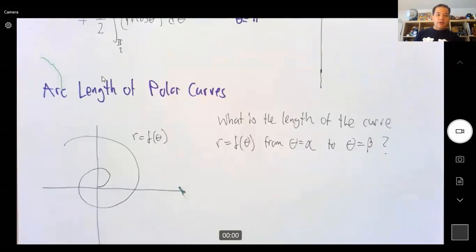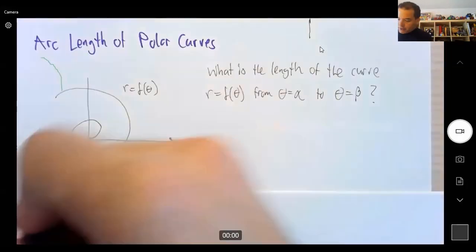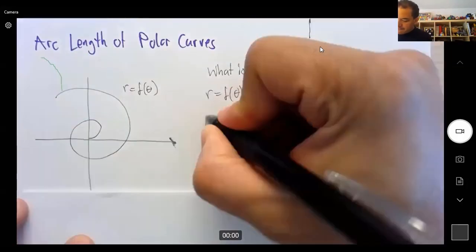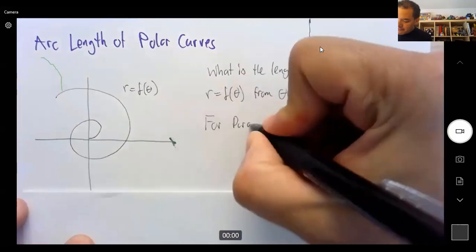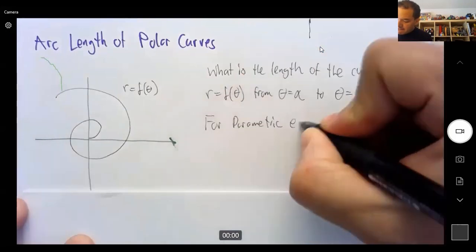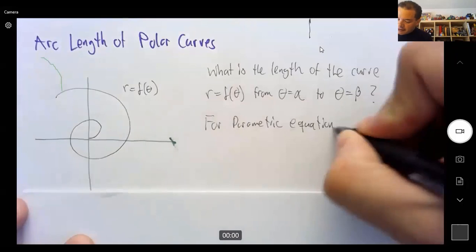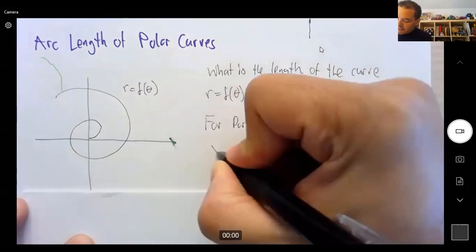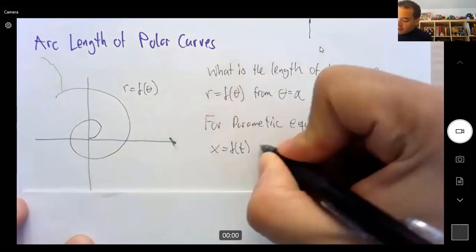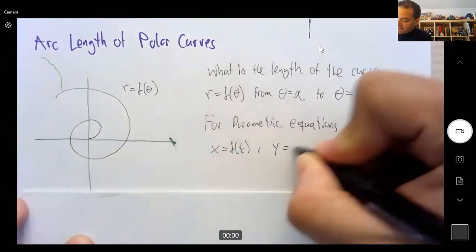Let's do it here. For parametric equations, here we have x equals f of t, y equals g of t.